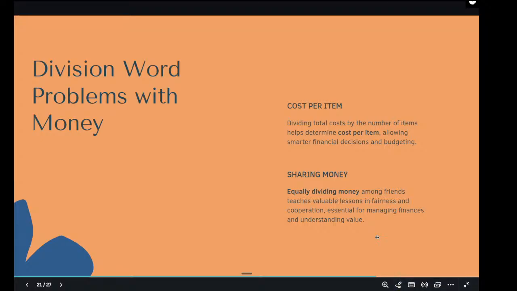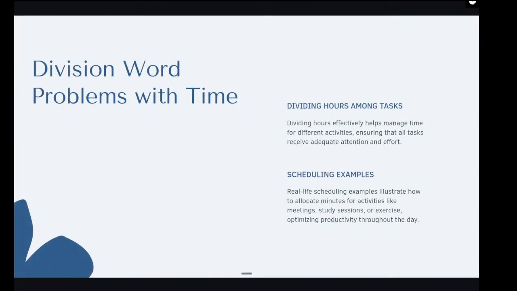Sharing money. Equally dividing money among friends teaches valuable lessons in fairness and cooperation, essential for managing finances and understanding value. Division word problems with time. Dividing hours among tasks.